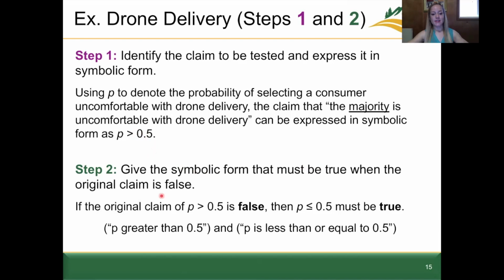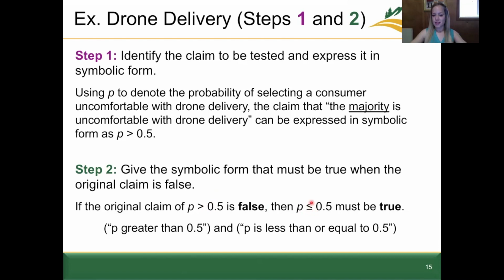Here's our original claim of P is greater than 0.5. If that's false, then every other option has to be encapsulated within this notation. So if P is greater than 0.5 is false, then P has to be less than or equal to, don't forget that part, 0.5.